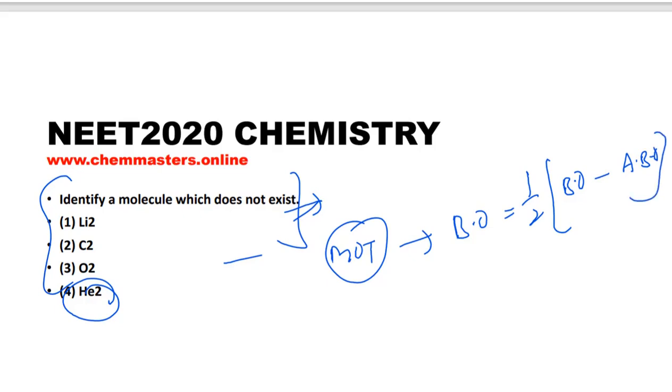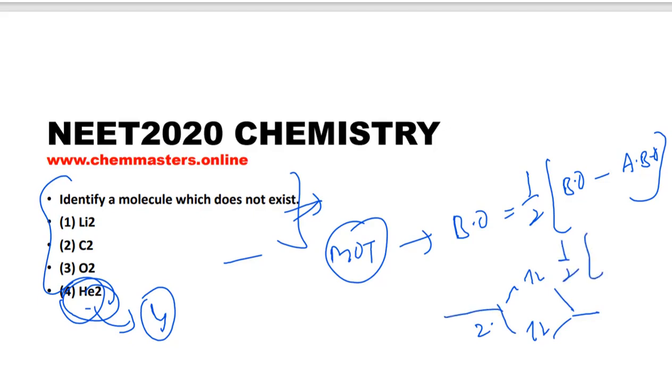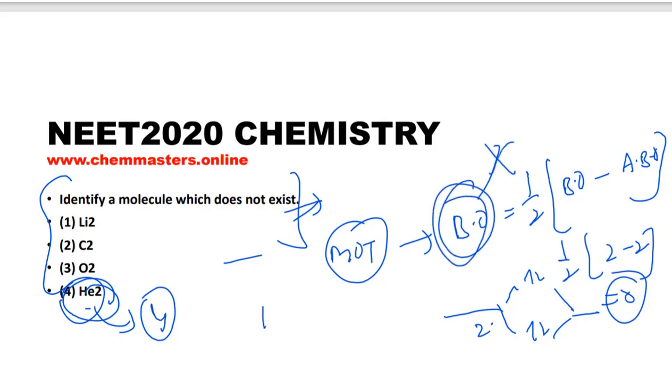So here, 4 electrons are involved in making the helium molecule: 2 electrons in the bonding orbital and 2 in the anti-bonding orbital. So 1 by 2 into 2 minus 2 equals 0. Whenever bond order equals 0, there will be no bond between the 2 helium atoms. That's why the diatomic helium molecule does not exist. Okay, right, and that is our answer.